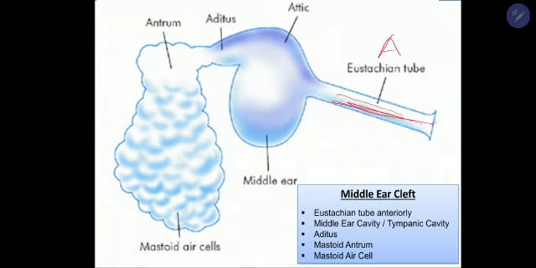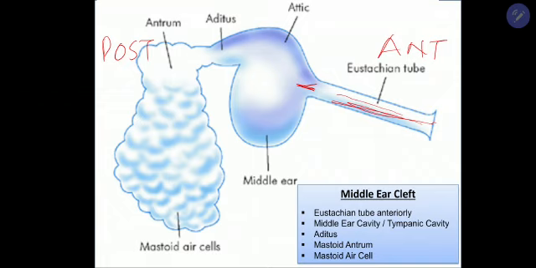This is anterior and this is posterior. Imagine the nasopharynx and nose in front of that patient. This tube has a nasopharyngeal end and a middle ear end. This is how the tube is obliquely placed from the nasopharynx and opens in the anterior wall of the middle ear. This is the eustachian tube, also known as the auditory tube.